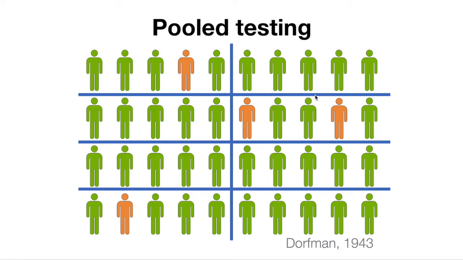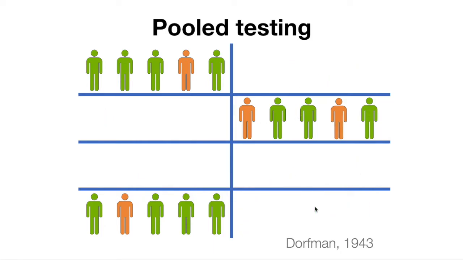This pool down here, the 4th pool, has 2 infected people in it, but we still just get a positive result. We don't get any special information about there being 2. So from these 8 pools we get positive, negative, negative, positive, negative, negative, positive, negative.